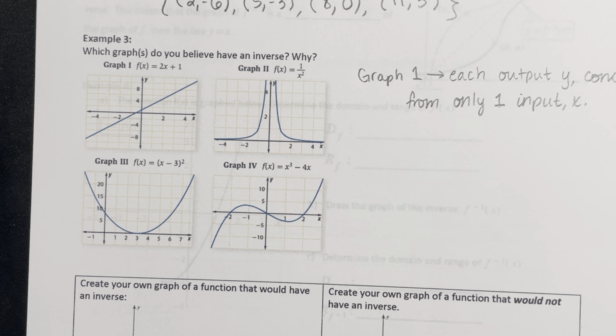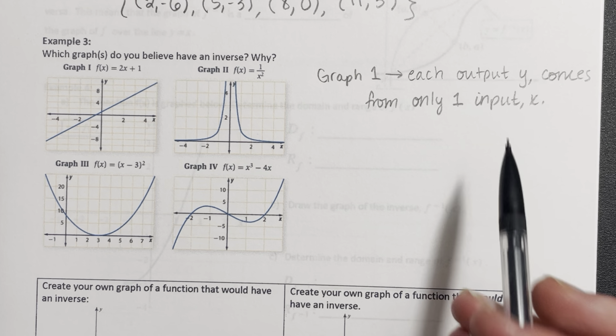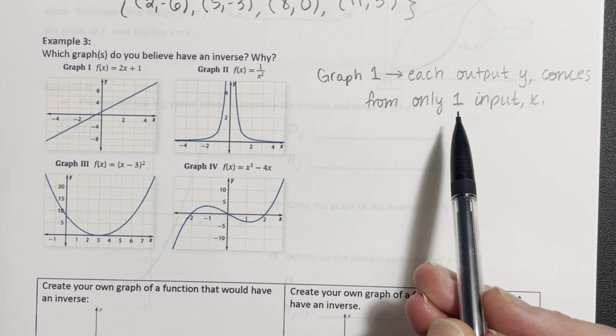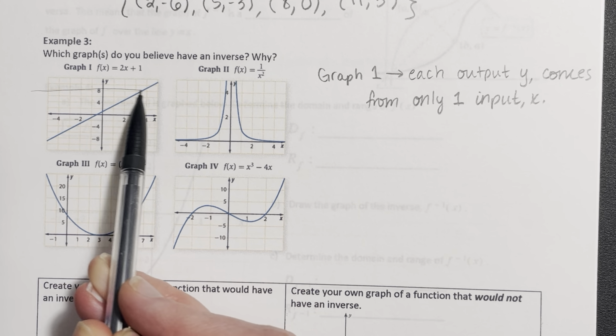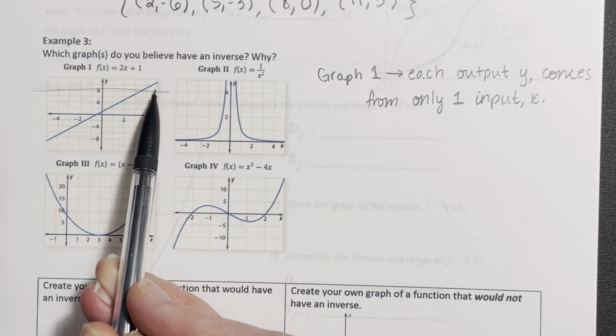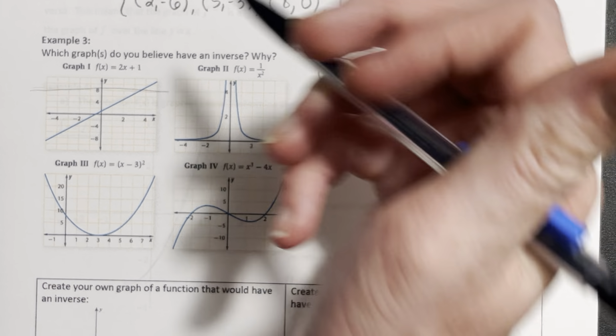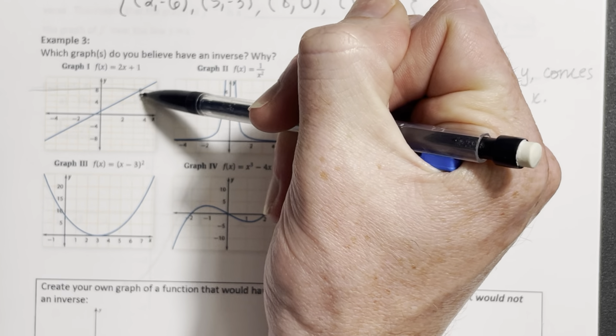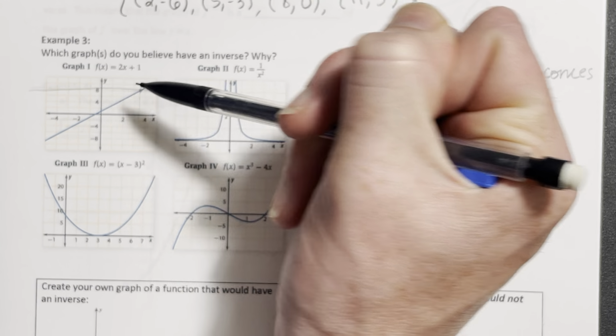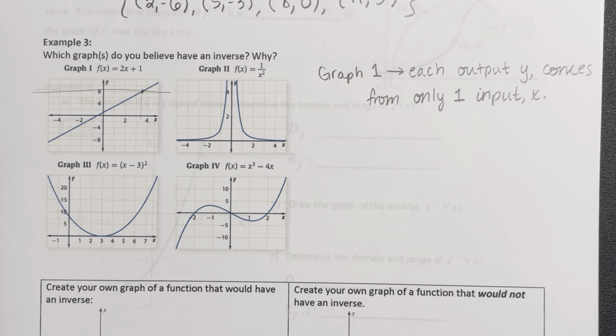So every value of y comes from exactly one value of x. We can look at that as a horizontal line test and think about, if I drew a line at y equals 8, that is going to intersect the function one time, meaning there's only one x value that produces an output of 8.